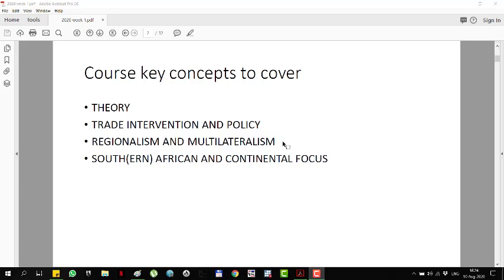Then we're going to look at the conditions these countries are faced with, and based on how they are facing these conditions, is it possible for them to follow these other philosophies that existed before in terms of approaching trade with another country?